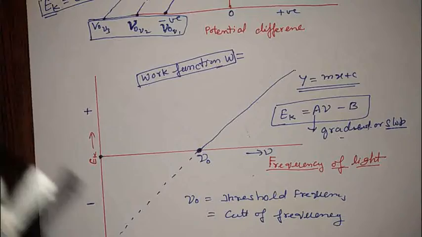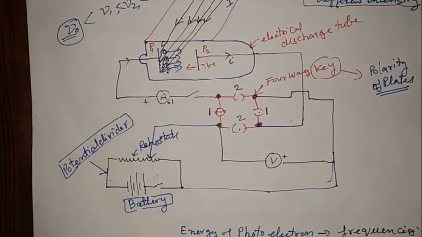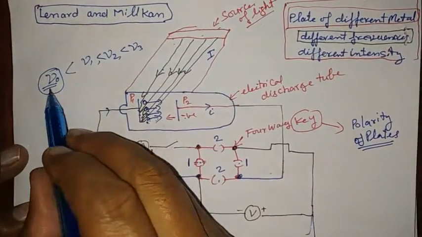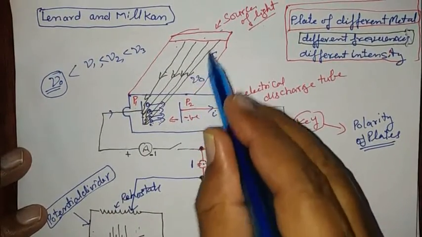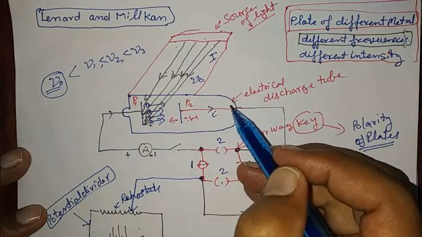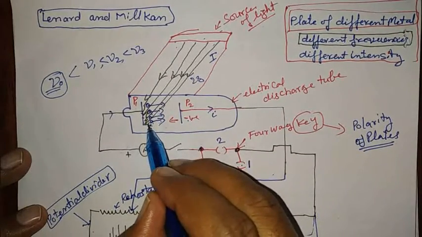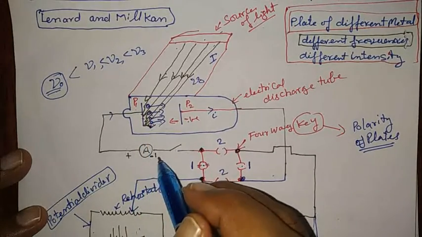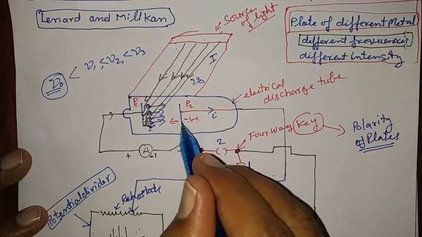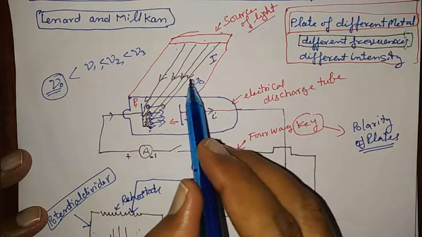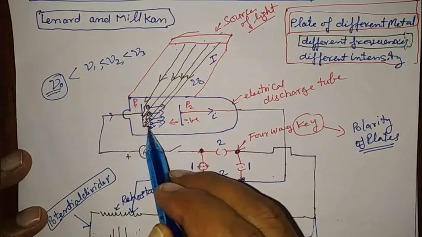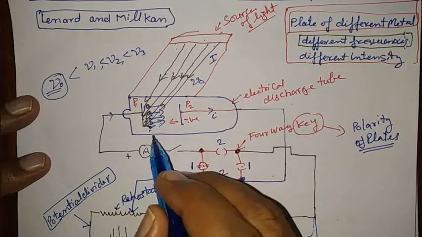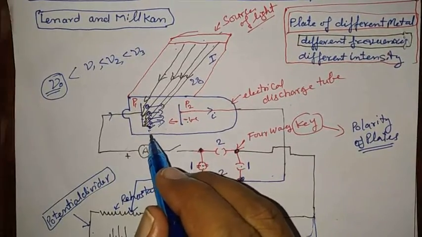What does it mean? Under these circumstances, when light of frequency nu0 is allowed to fall on it, the electron is emitted, the photoelectron is emitted, but it has no kinetic energy to reach the plate. So the energy of the light is utilized to emit the electron. Then this energy is called the work function.